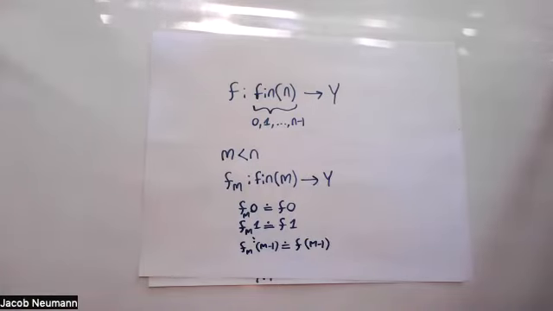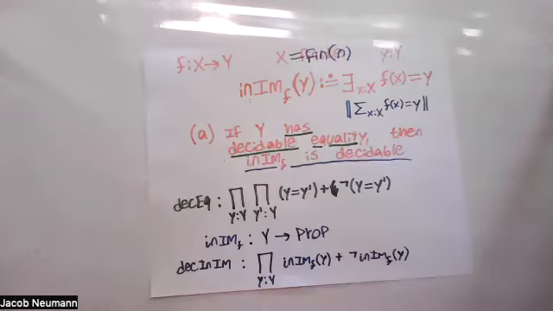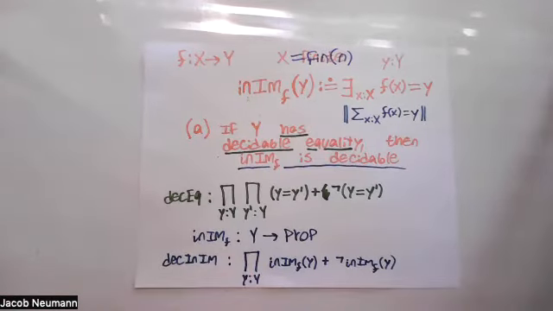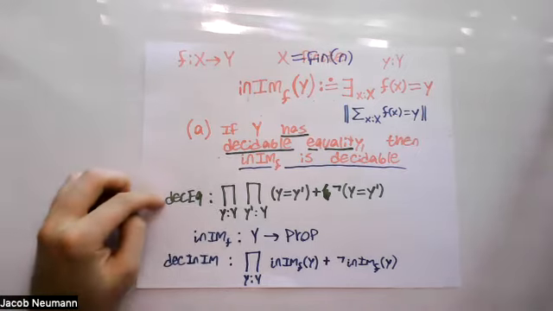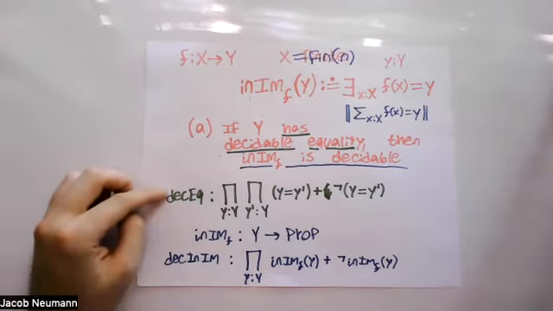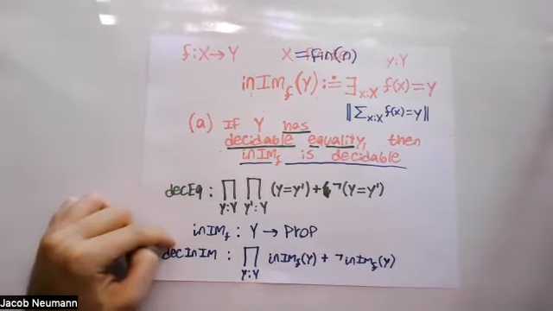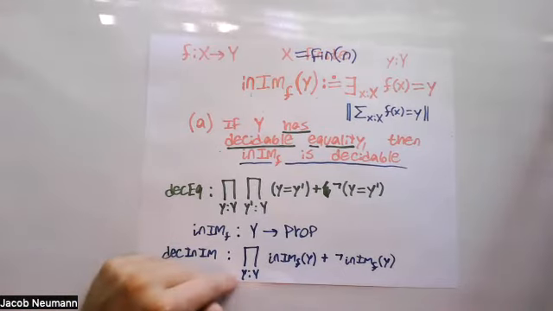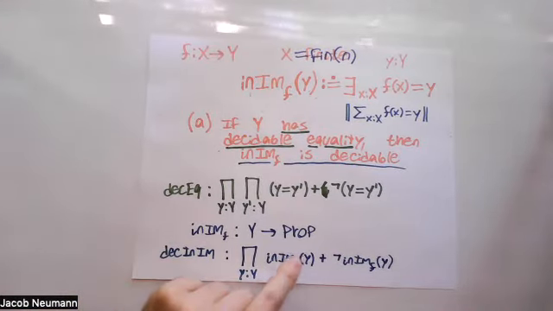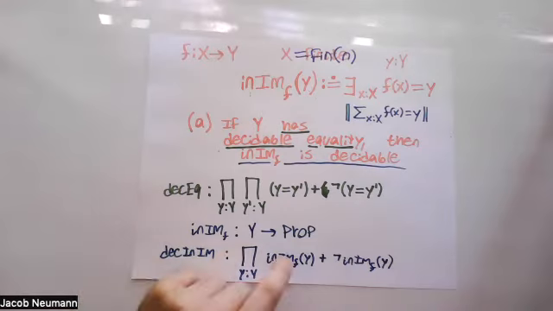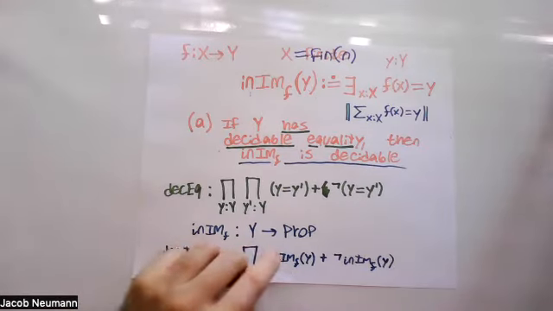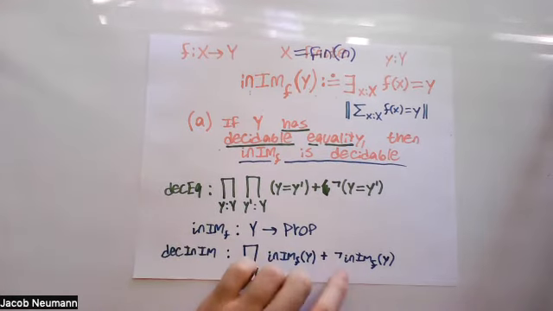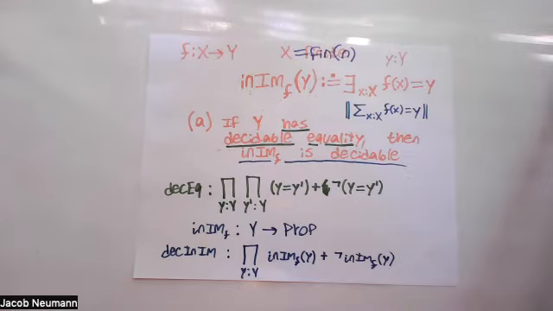Okay, so with that, we're given that Y has decidable equality, and we want to construct this. So we want to say for every y, either we come up with an element of its pre-image, or we come up with a proof that there is no such element.